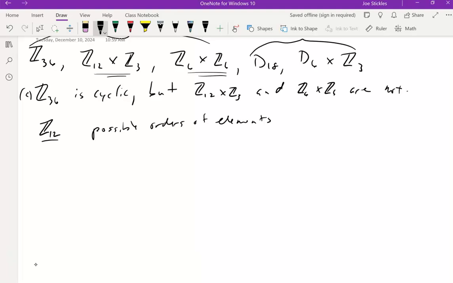We talked about this before. I'm purposely doing this partly as a review, too. What are your possible orders of elements here? Okay, so it's more restrictive than that, right? Because what has to be true about the order of an element relative to the size of the group?